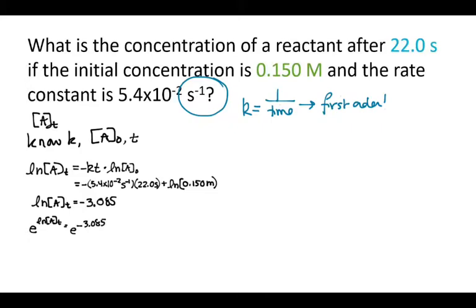All right, and so then the e and the natural log cancel out, and we have that the concentration at time t equals 0.0457 molar. And probably we only need two significant figures there, so we'll round to 0.046 molar. All right, so now we have calculated the concentration at a particular time.